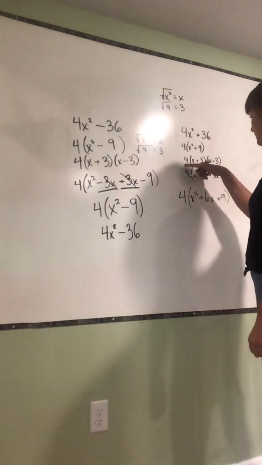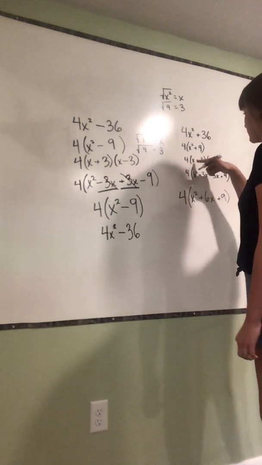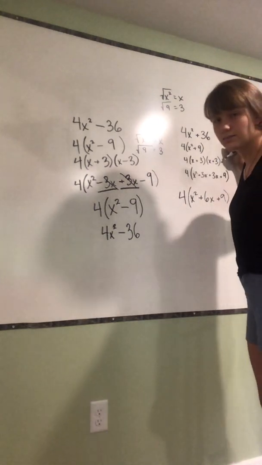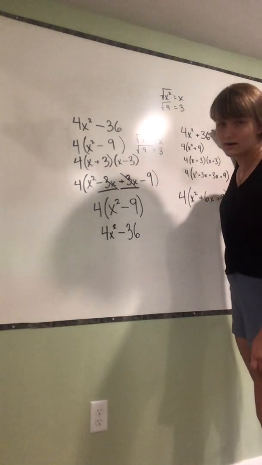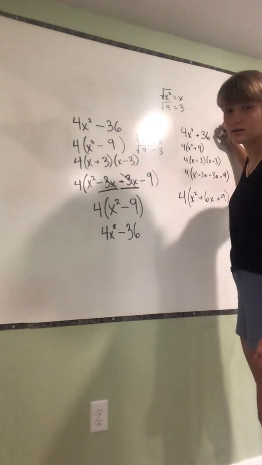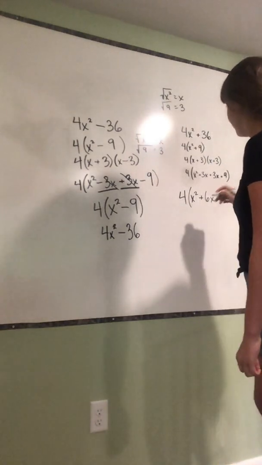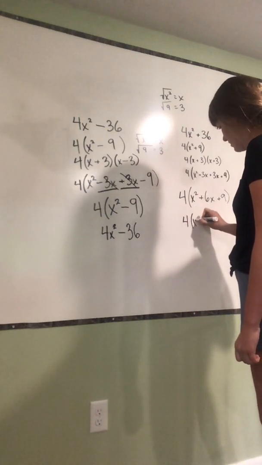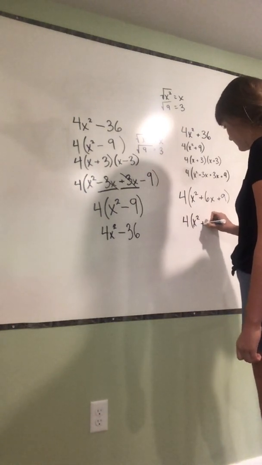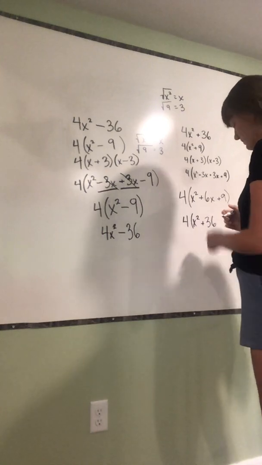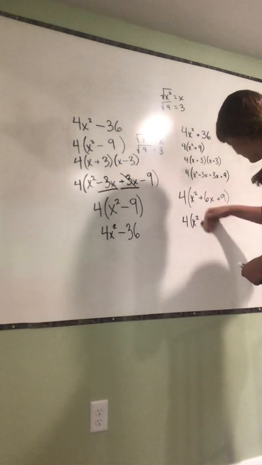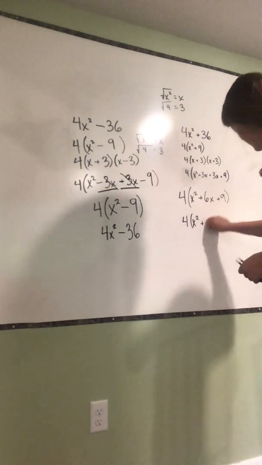So this x plus 3 times x plus 3 is not the proper factor of 4x squared plus 36. The proper factor would just be 4 times x squared plus 9. Here we go again. I don't want to ruin this whiteboard.